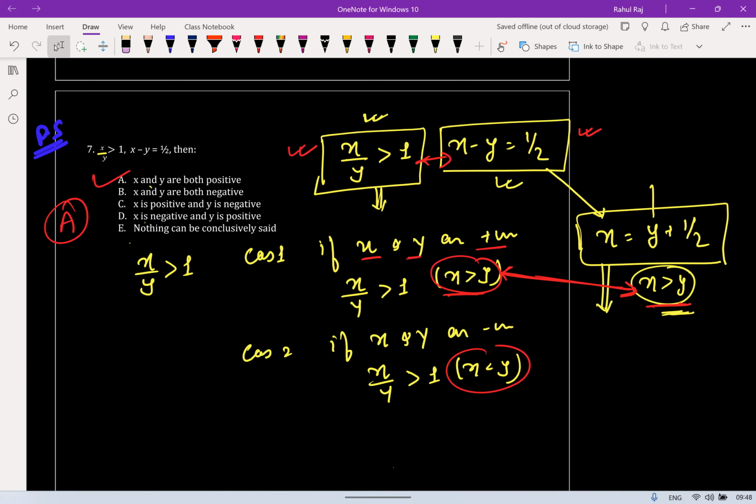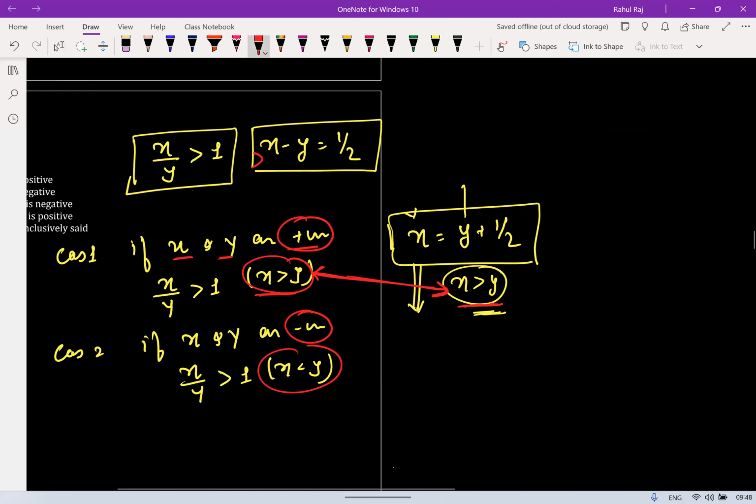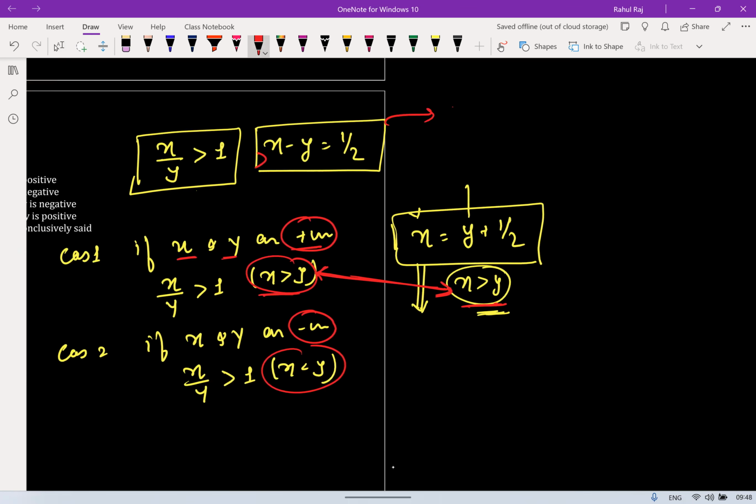Because see, Alexa, it's simple. I'll repeat it once again. These are the two conditions that are given to me. For this condition, I understand x and y both are positive or both are negative, so I can't confirm anything. Option number 2 also says x and y both are positive or negative. I can't confirm anything. But now I have to take a common value for which both conditions are sufficing.